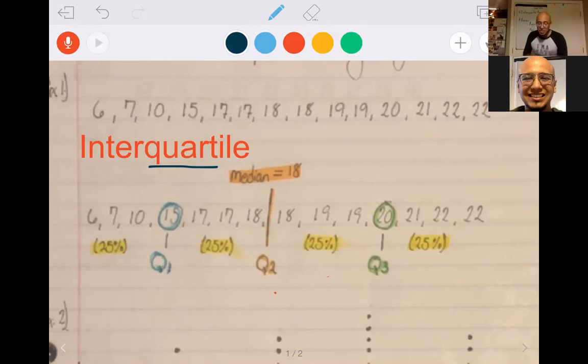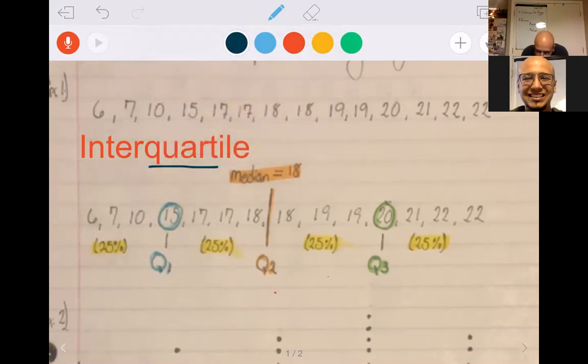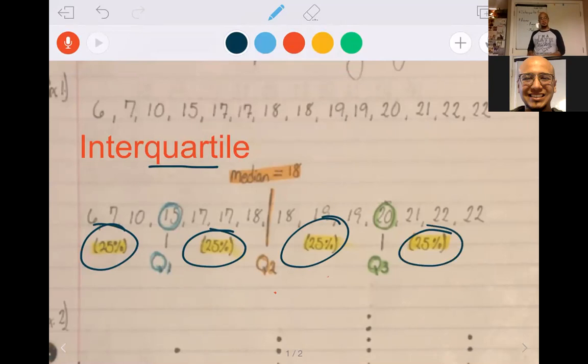And so each section, Q1, Q2, and Q3, represents a fourth, or 25%, of all the values. Do we see that? So again, interquartile. We separated it into fourths. Q1, Q2, Q3 separates all the values into 4 different sections, and each of those holds 25% of all the points.